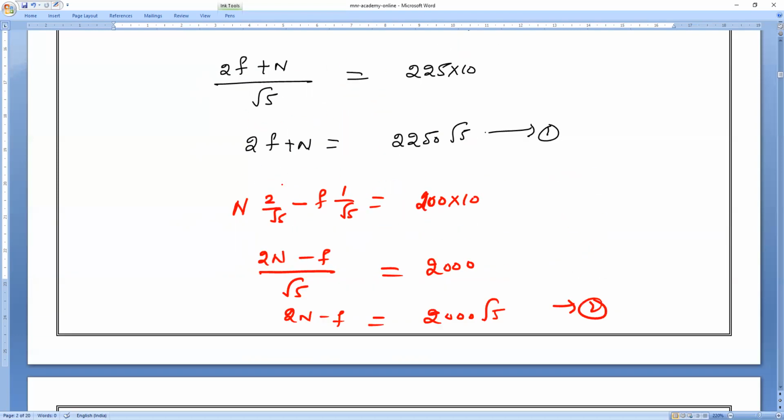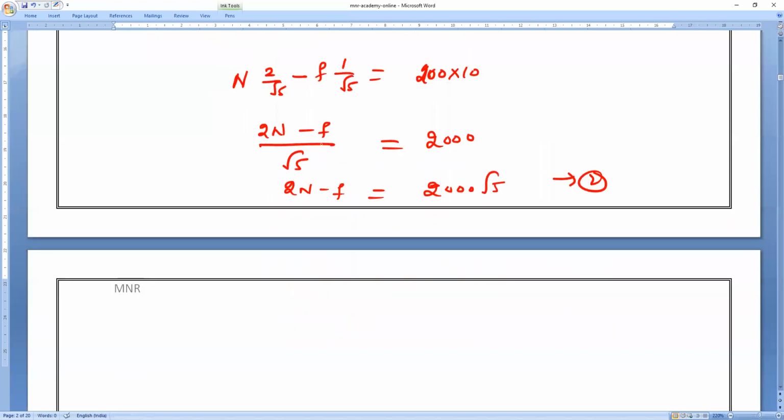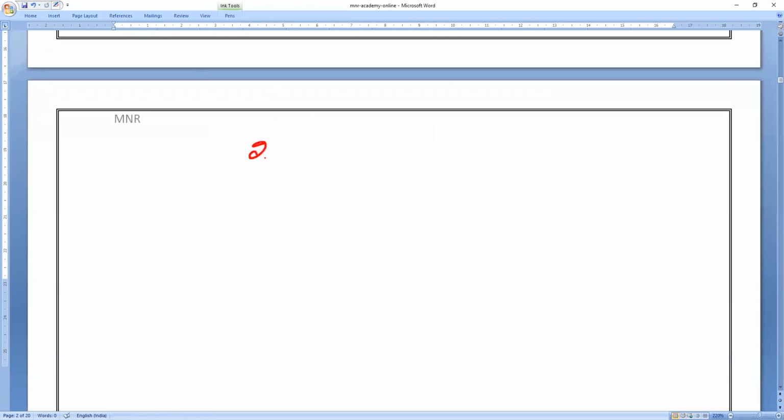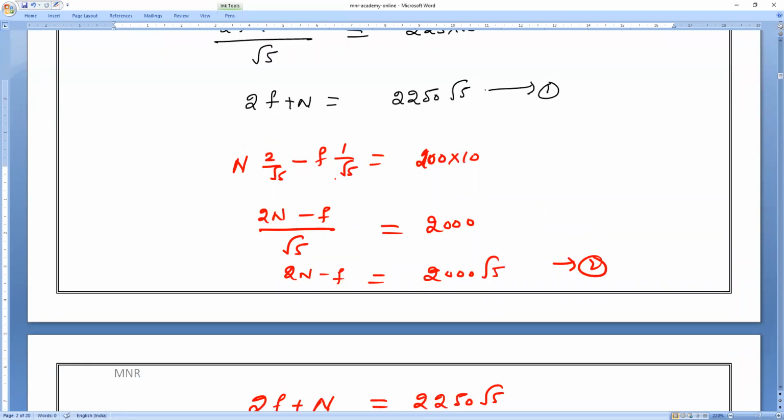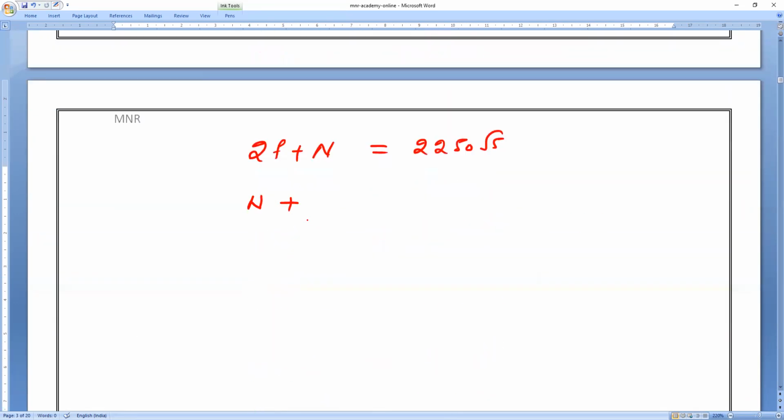First equation: 2F plus N is equal to 2250 root 5. Second equation: 2N minus F is equal to 2000 root 5.